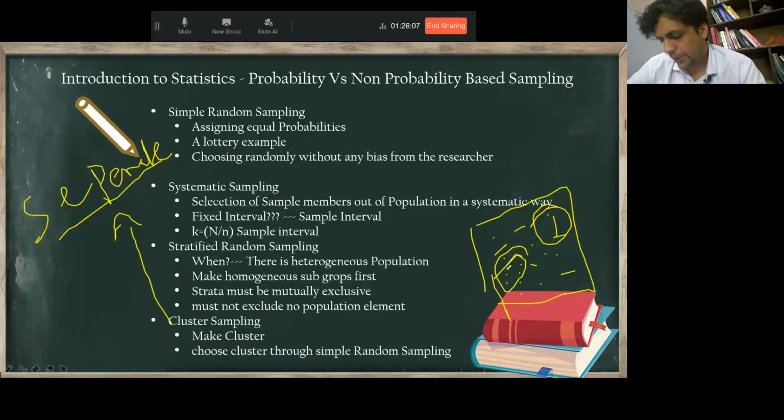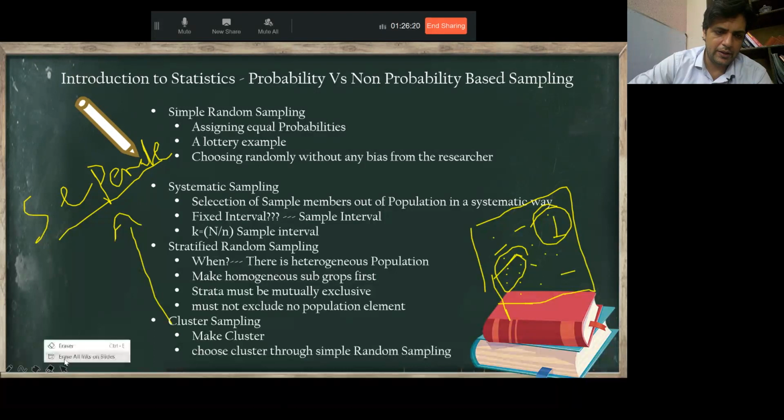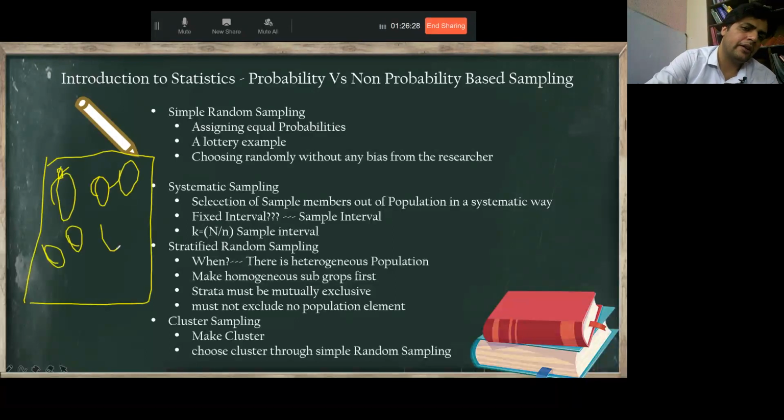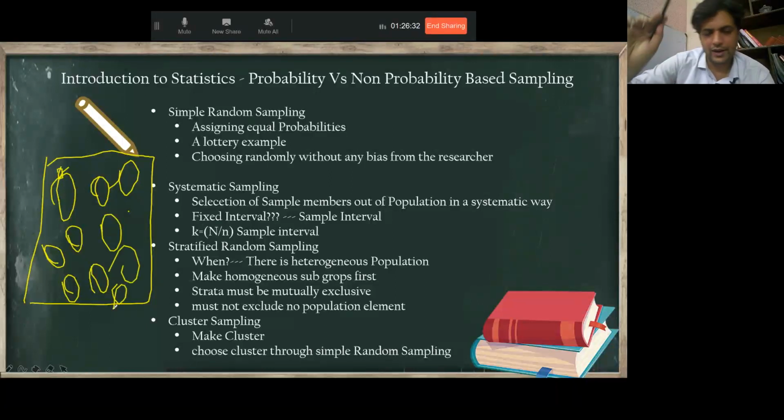Once you divide into different clusters, then a simple random sample of clusters is selected. So what do I do in this? Say that's a class of 100 students. I make these clusters, right? From 100 students, I make 10 clusters randomly.